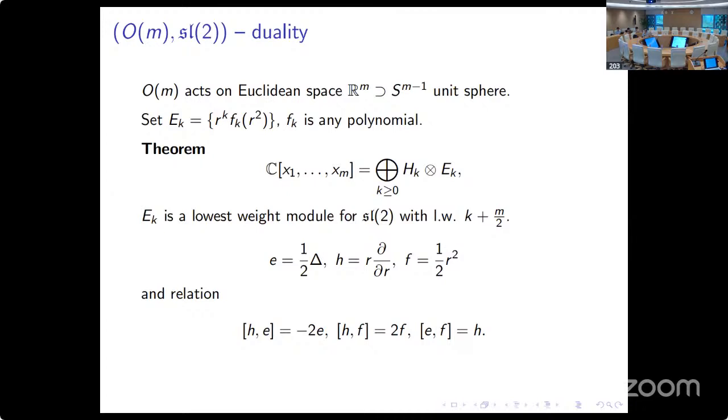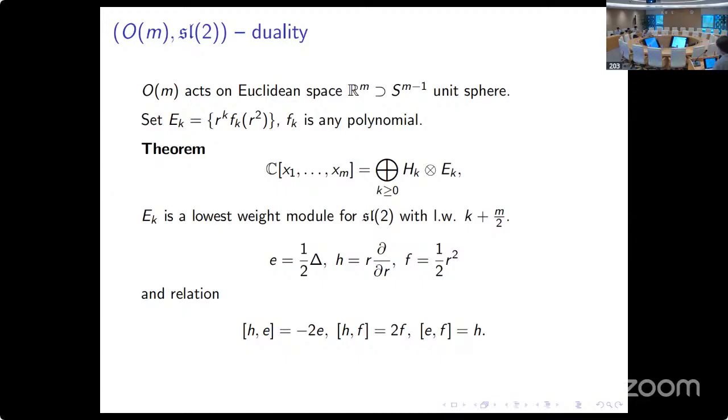So the functions can be written as the harmonics and the invariants and harmonics. The invariants are E_k times H_k, and the actions can be written explicitly.